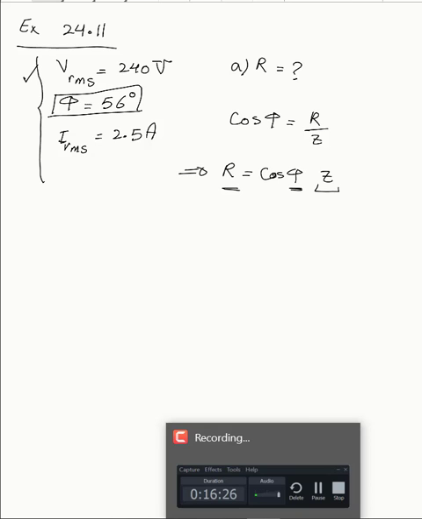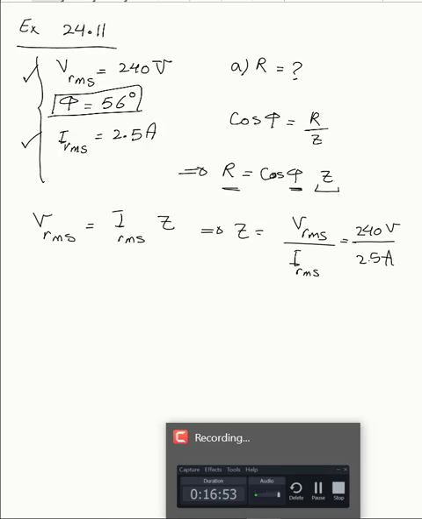We have two values here which help us find Z. According to Ohm's law, V RMS equals I RMS times Z. So from here Z will be V RMS divided by I RMS. It's going to be 240 volts divided by 2.5 amps, and then Z is going to be 96 ohms.